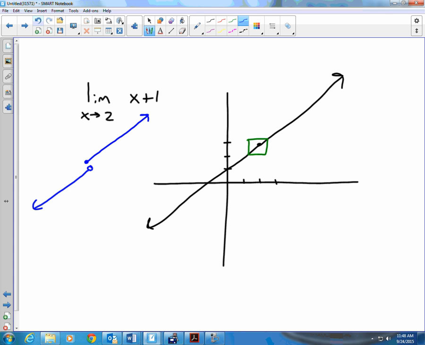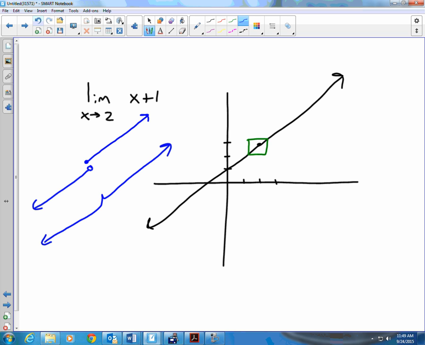Unless you zoom in all the way, how do you know it doesn't do something like that? Or something like this? It looks like a straight line, but if you zoom in really far, there's some weird behavior there. So it's not really the value you thought it was. And so in order to ensure that it has this nice behavior, we need to zoom in infinitely small.